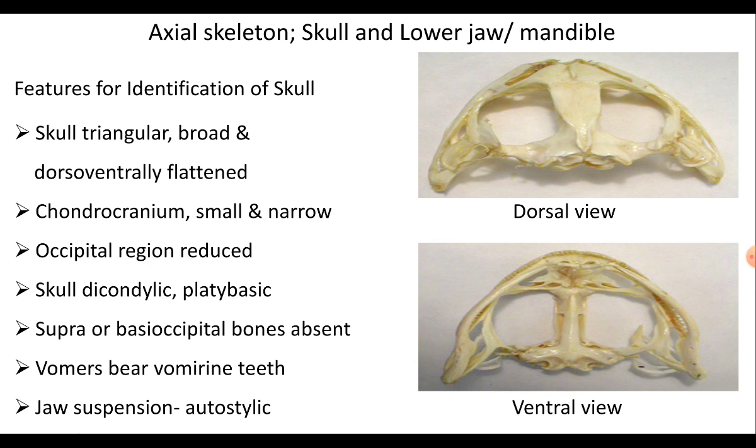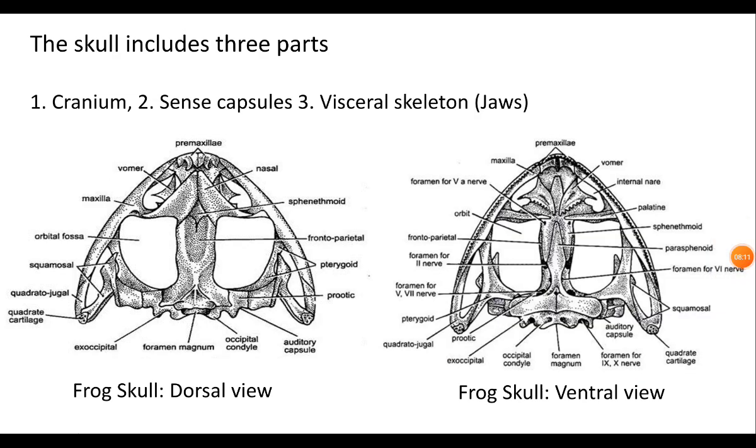Hence, it is called autostylic jaws in frog skull. The skull includes three main parts. They are the cranium, the sense capsules, and the visceral skeleton, that is nothing but the upper and lower jaws.